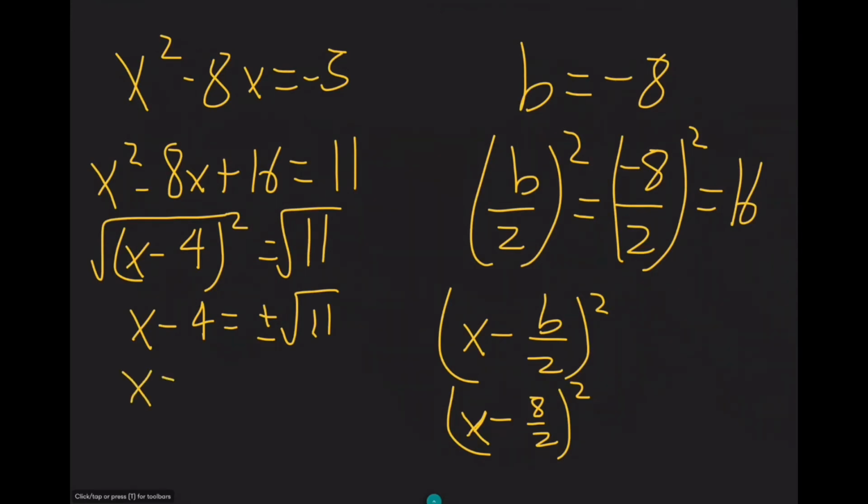So now you want to isolate x, and that will be x equals 4 plus or minus square root 11.